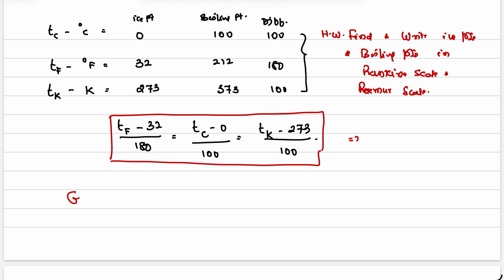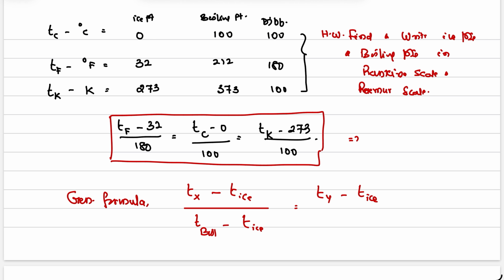The general formula is: T in any x units minus T ice divided by T boiling minus T ice is equal to any other scale, Ty minus T ice in that scale divided by T boiling in y scale minus T ice in y scale.